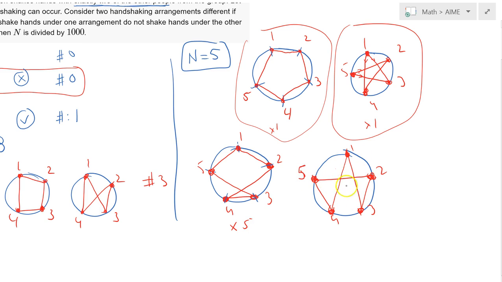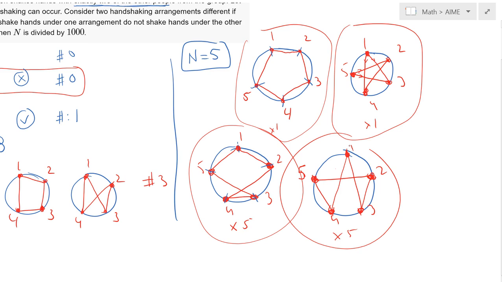And again, you can rotate this 5 times as well. So in this particular case, we have 1 plus 1 plus 5 plus 5, a total count of 12.